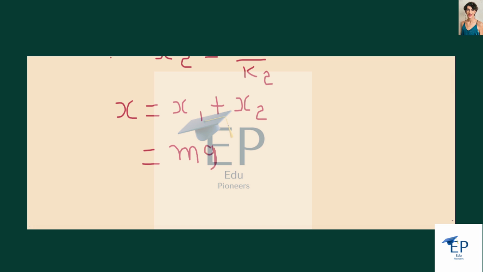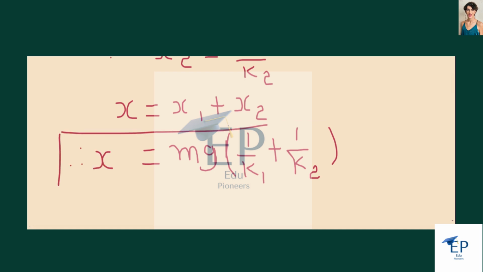So I'm writing m and g outside the bracket, and the rest of the quantities, that is 1 upon k1 plus 1 upon k2. Let's give this equation the number 3.